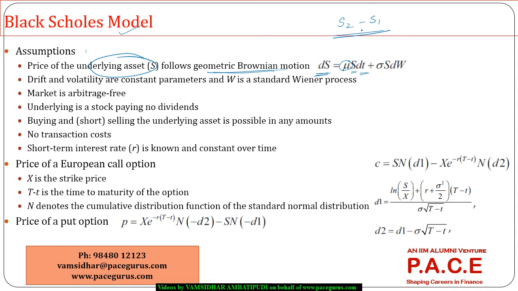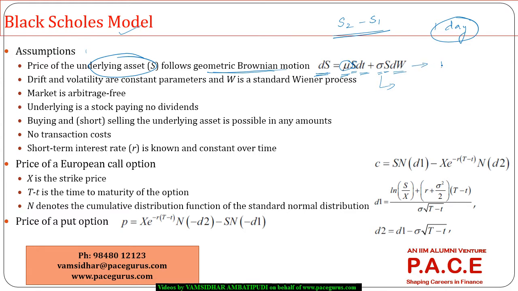So if I am talking about, let's say, 1 day, what is on an average the mean change in price per day multiplied by the original price multiplied by the time period, 1 day, plus sigma is the volatility, S again being the price, and W is a Wiener process.